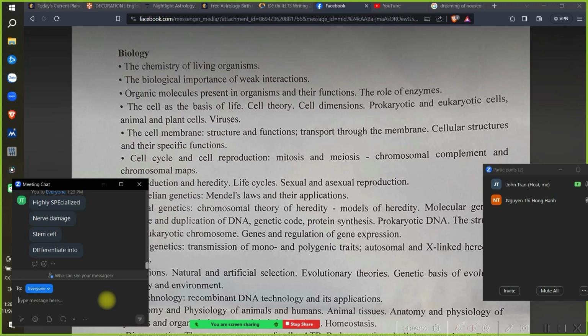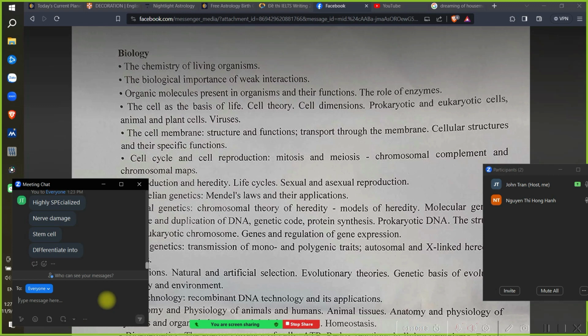And mitosis involves only diploid cells. The end result of it is we're going to have two generally identical daughter cells.